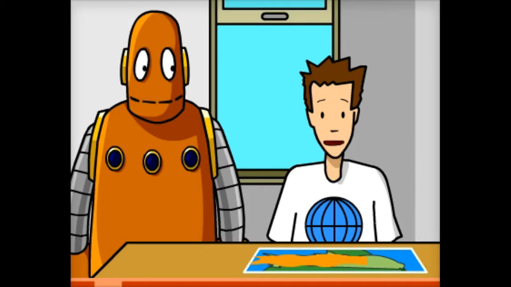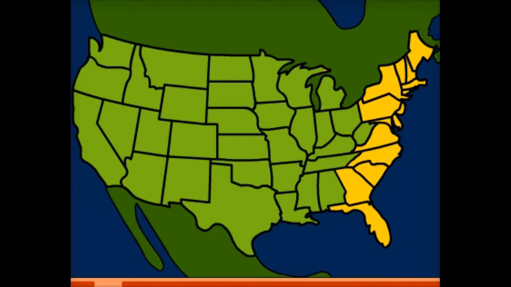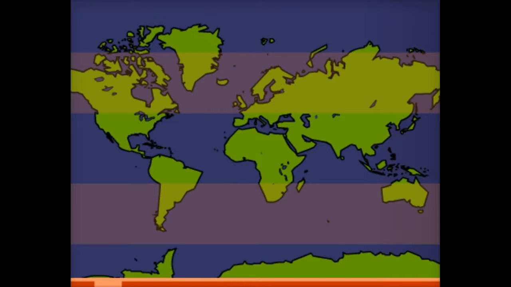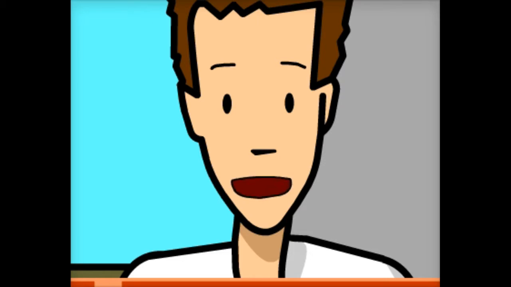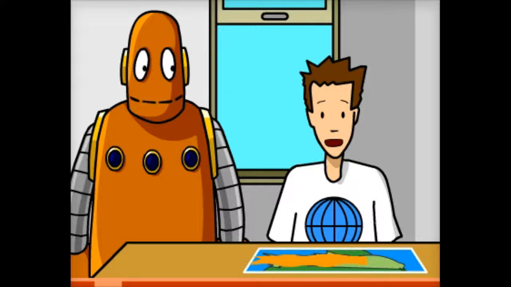Region can be pretty specific or pretty vague, and an area can belong to more than one region. Like living in the New York tri-state region, you also live in the larger American East Coast region, as well as the temperate zone, which is larger still. By the way, region can also be cultural. For instance, you can talk about the Muslim world to talk about the region of the world where Islam is the main religion.